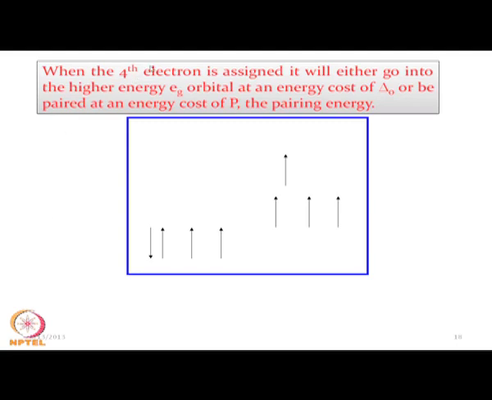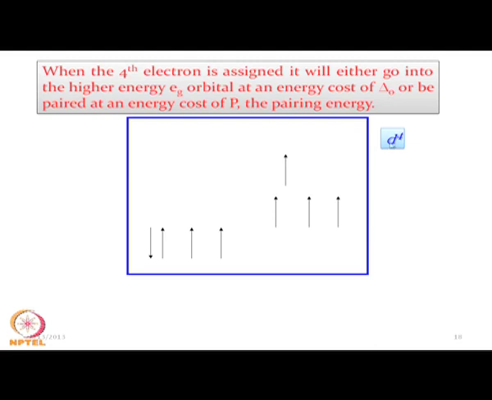So, when we go for the fourth electron, what can happen? It can go either to the t2g level or the eg level at an extra energy cost of delta O, or be paired at the energy cost of P. So, the balance is between delta O and P.